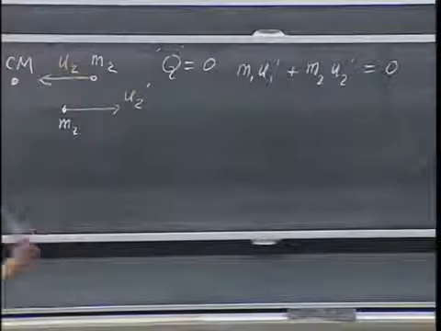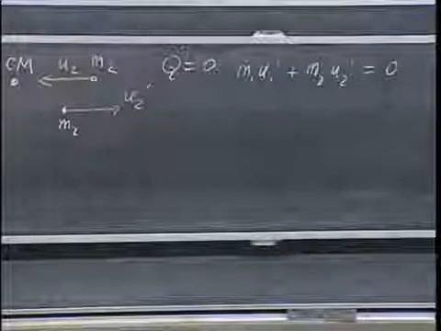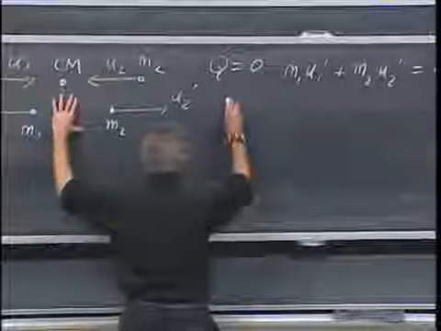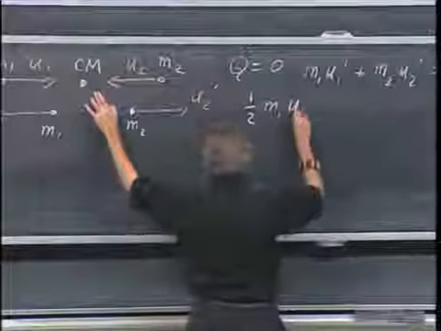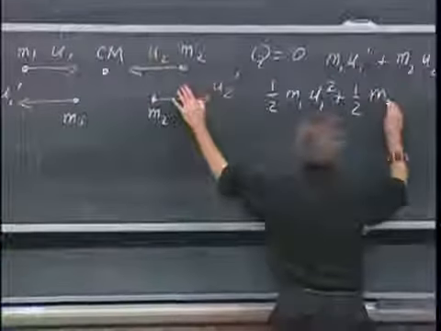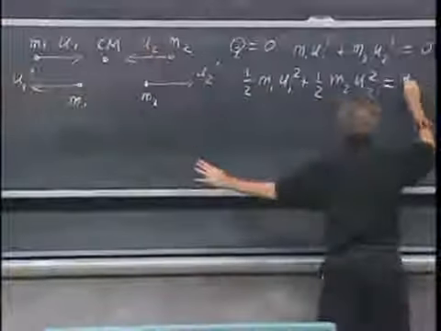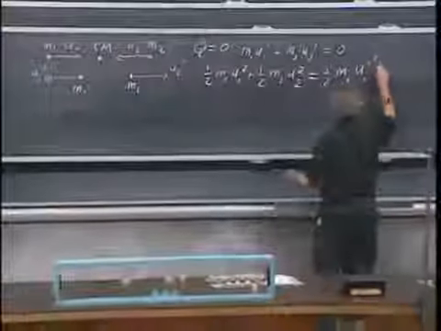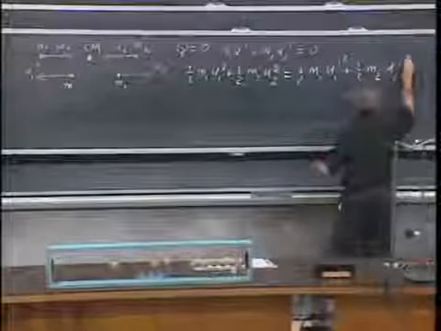I told you I chose the case of a completely elastic collision. Q is zero, and so kinetic energy must be conserved. So I have, before the collision, 1/2 m1 u1 squared plus 1/2 m2 u2 squared. And after the collision, I have 1/2 m1 u1 prime squared plus 1/2 m2 u2 prime squared.